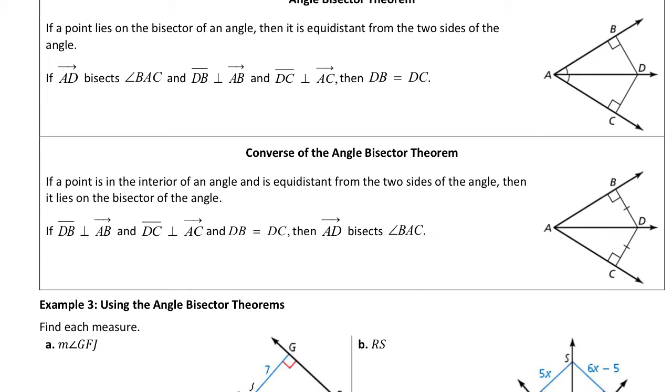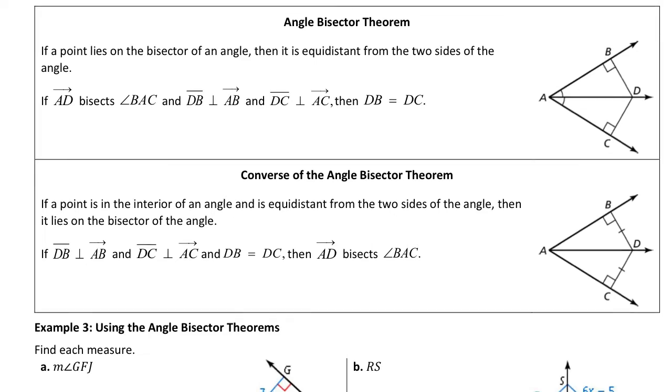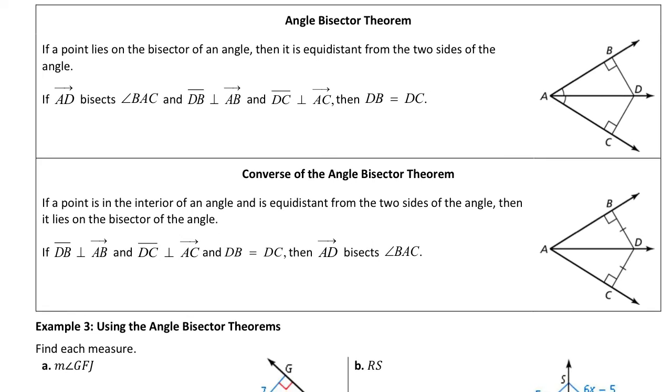Okay, so for the last few examples, we're going to talk about angle bisectors. And an angle bisector is a line, segment, ray, something that cuts an angle in half into two equal parts.